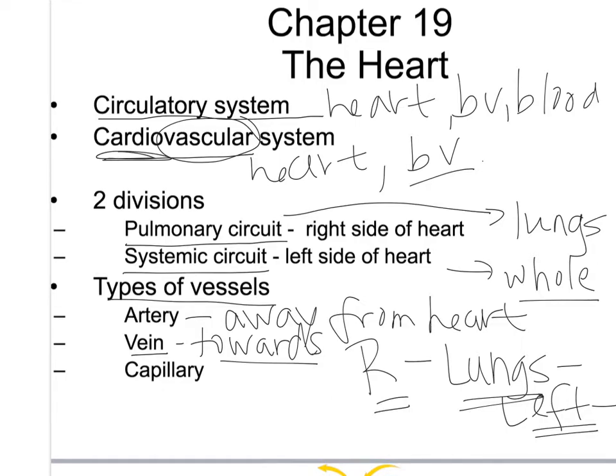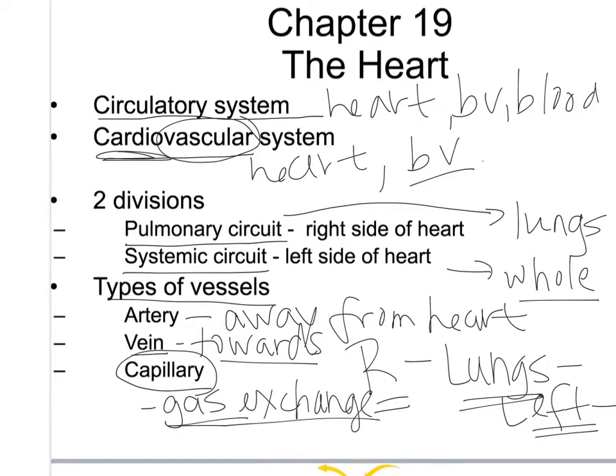There are some exceptions to that rule. So it's better to know that arteries are blood vessels that take blood away from the heart, and veins are vessels that take blood towards the heart. Capillaries are the microscopic vessels where gas exchange and nutrient exchange take place. This is what's going to feed the tissue. So capillaries are small, and exchange is the important part of that.